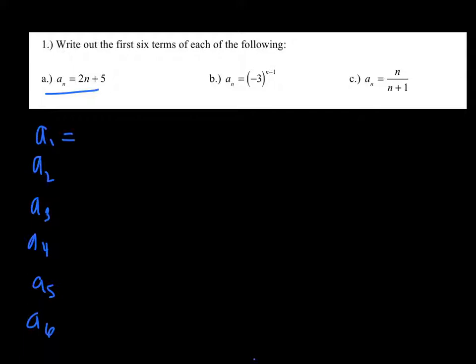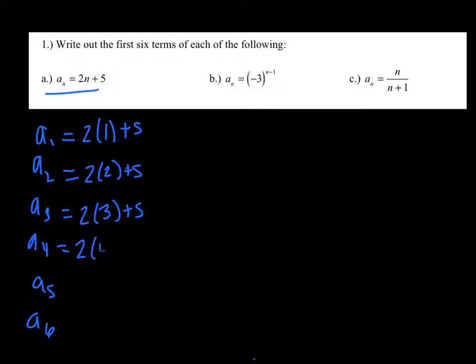So 2 times 1 plus 5, 2 times 2 plus 5, 2 times 3 plus 5, and I'm just going right off of the equation that they gave me. 2 times 4 plus 5, 2 times 5 plus 5, and 2 times 6 plus 5.